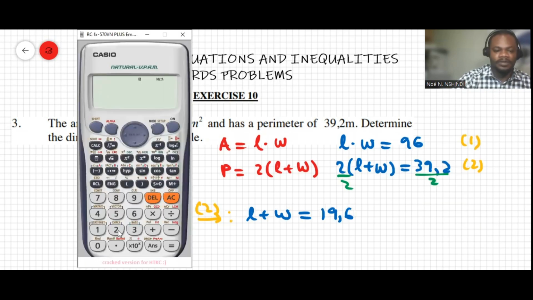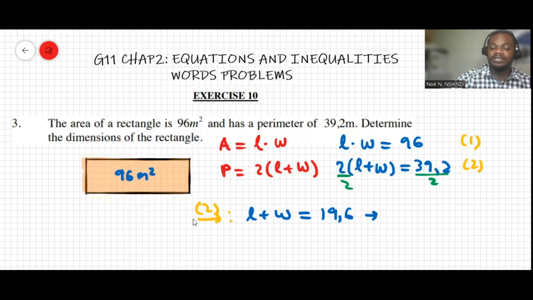If we do 39.2 divided by 2, yeah, 19.6. Now we can express W in terms of L, so it's gonna be like 19.6 minus L. So this is W in terms of L.